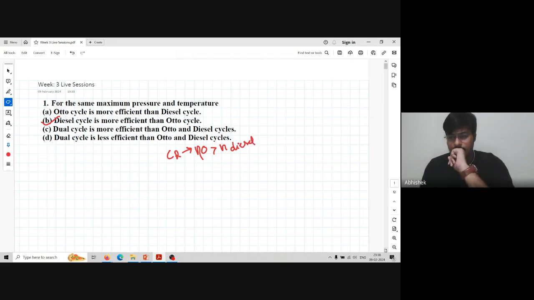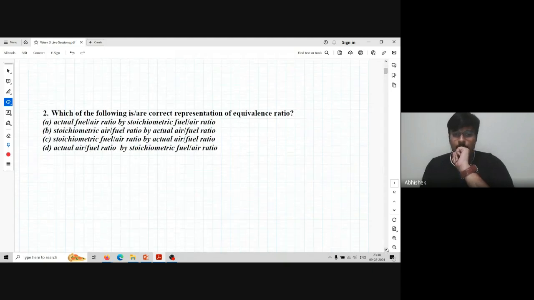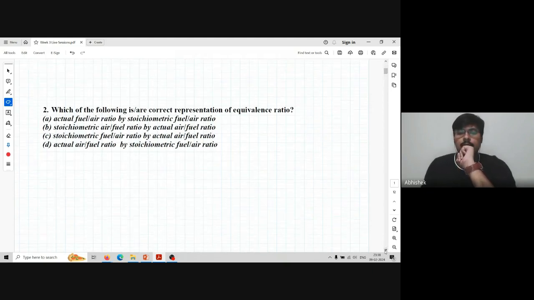Okay, so we'll go to the next question. Which of the following correctly represent the equivalence ratio? I have not covered it, but the equivalence ratio was covered in the lecture. What is the equivalence ratio, generally referred to by phi?